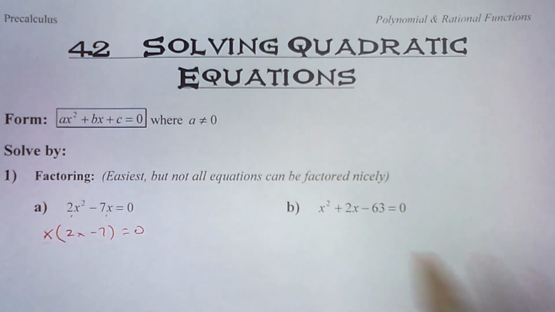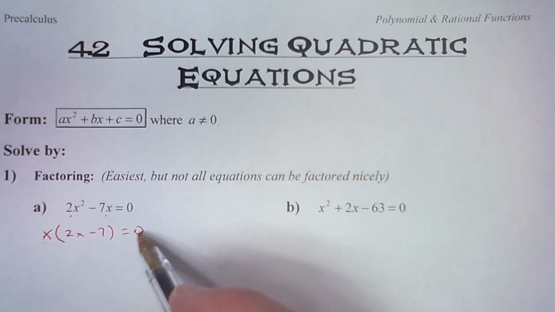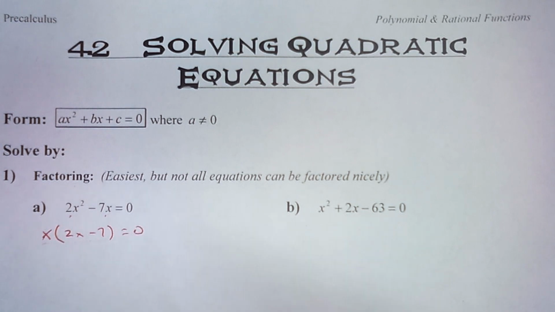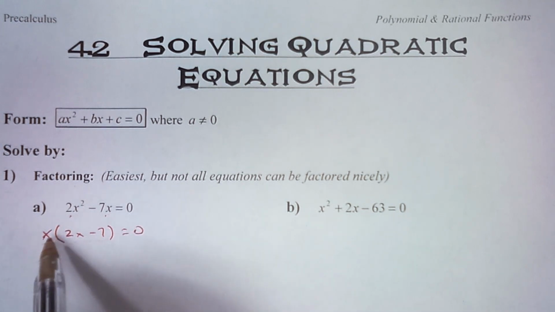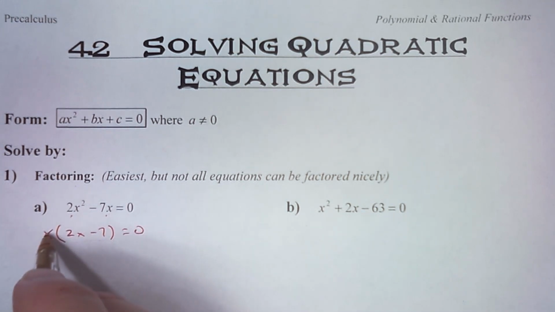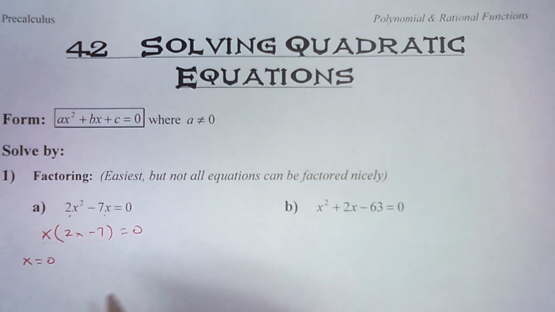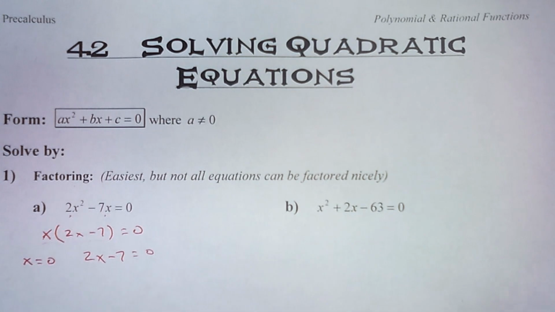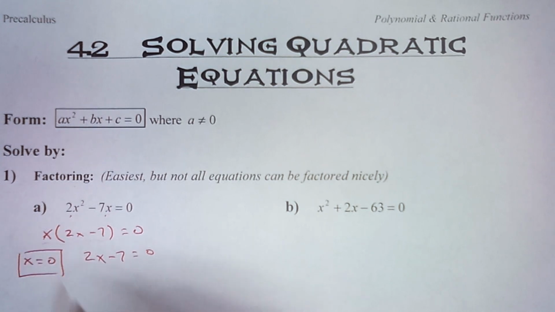When I multiply 2 factors to make 0, we need to remember that in order to multiply to make 0, one of the factors I'm multiplying must be 0. So I can find out the 2 possibilities for x by saying this factor equals 0 and this factor equals 0. What value of x makes each factor a 0? This one is actually done. X equals 0. That's one of my solutions.